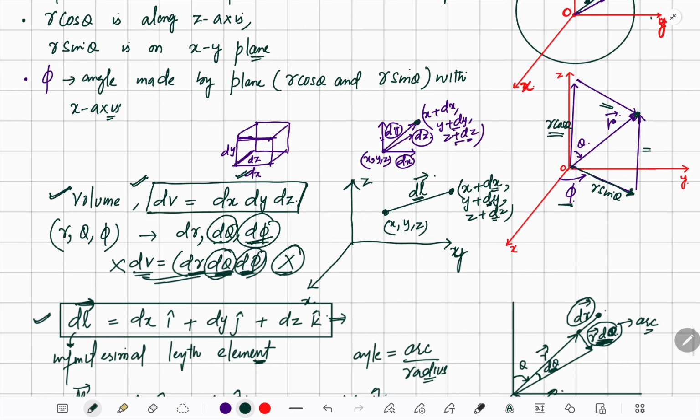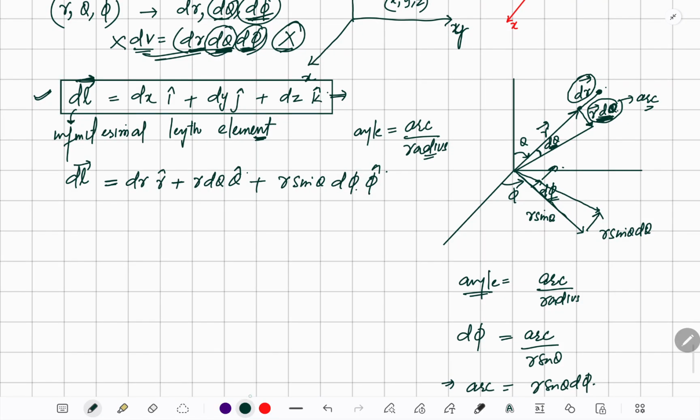So basically we are able to make now a volume element in spherical polar coordinate system. Let me write the volume element. Just focus on it a bit and try to put some pressure on your mind, and hopefully you will be able to grasp what I'm saying.